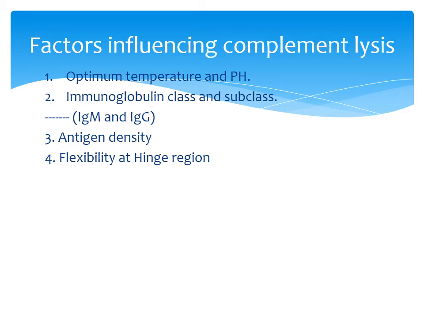So these are the factors that alter complement lysis: the temperature and the pH, immunoglobulin classes like IgM and IgG, the antigen density, and the flexibility at the hinge region of the antibody.